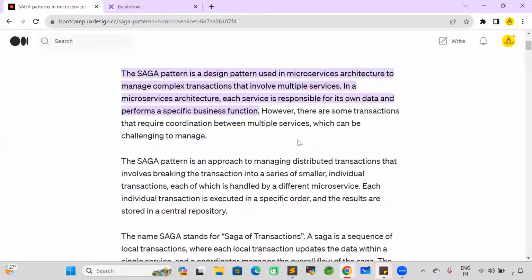SAGA is a design pattern used in microservices architecture to manage complex transactions that involve multiple services: user service, catalog service, order service, payment service, delivery service, tracking service. Every microservice is responsible for its own data, maintains its own database, and performs a specific business operation. The transactions require coordination between these services, which is difficult to manage.